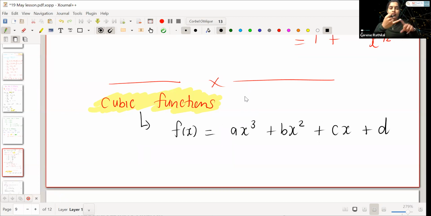Now you have studied linear functions before. y equals mx plus c is linear. You've also looked at quadratic functions, which was x raised to the power 2, and you had looked at parabolas. So we've looked at straight lines, we've looked at parabolas, and now we're going one power higher, and we're talking cubic. And we're going to utilize the calculus that we have learned to understand how to draw cubic functions and understand their shape and their properties.